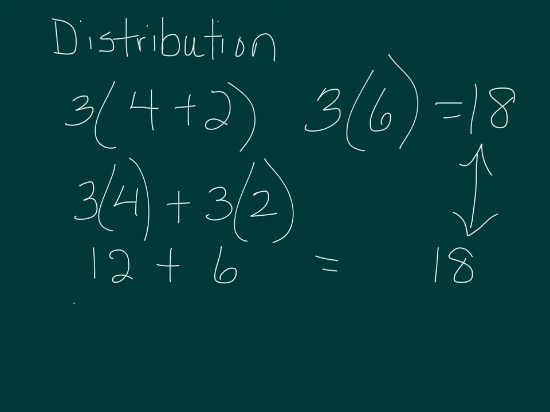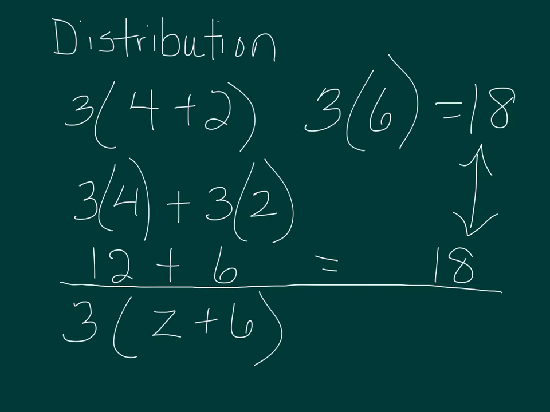Let's take 3 times z plus 6. Well, is that going to help us to add the z plus the 6 when we don't know what z is? Nope. We can't get rid of the parentheses that way. But we can say, well, what's 3 times z? That's going to be 3z.